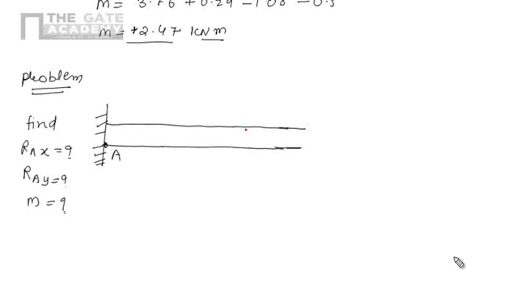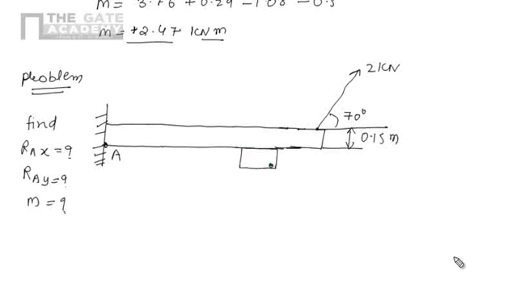But here I am considering the depth. And now I am putting the load this way. This is 2 kilonewton, which is making an angle of 70 degrees, and this distance is suppose 0.1 meter. I have one more bracket here, and the line of application of force is this, and the magnitude is 1.2 kilonewton. The same angle we are considering like 3 and 4, and here I am also applying the moment in the anticlockwise direction.